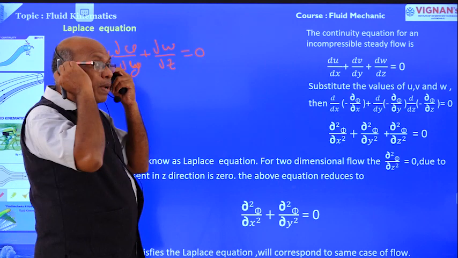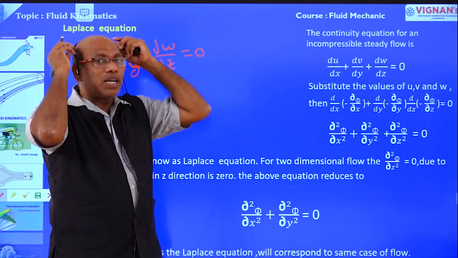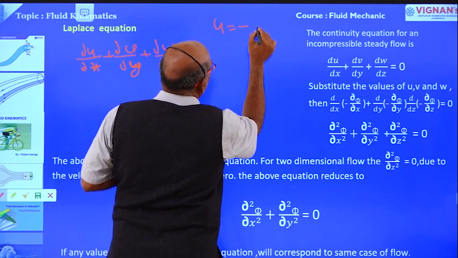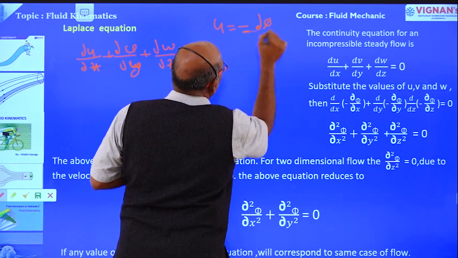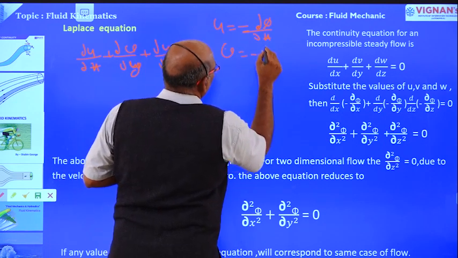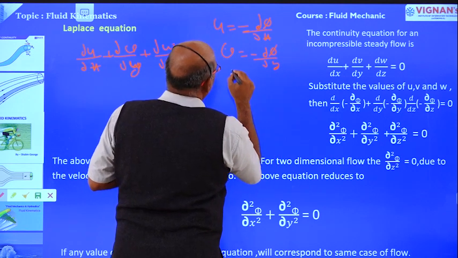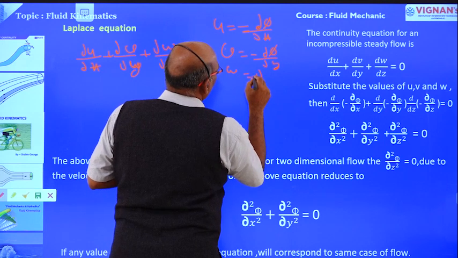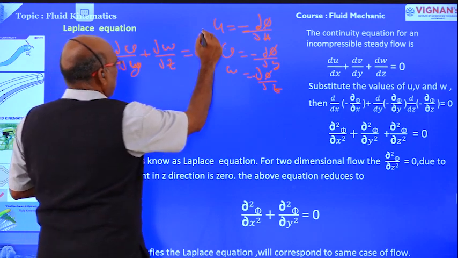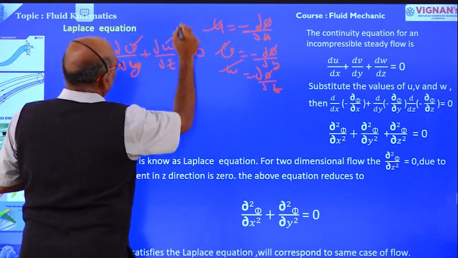But based on the velocity potential function, we have one more relation: u is equal to minus dou phi by dou x, v is equal to minus dou phi by dou y, and w is equal to minus dou phi by dou z. These values are substituted in place of u, v, w.